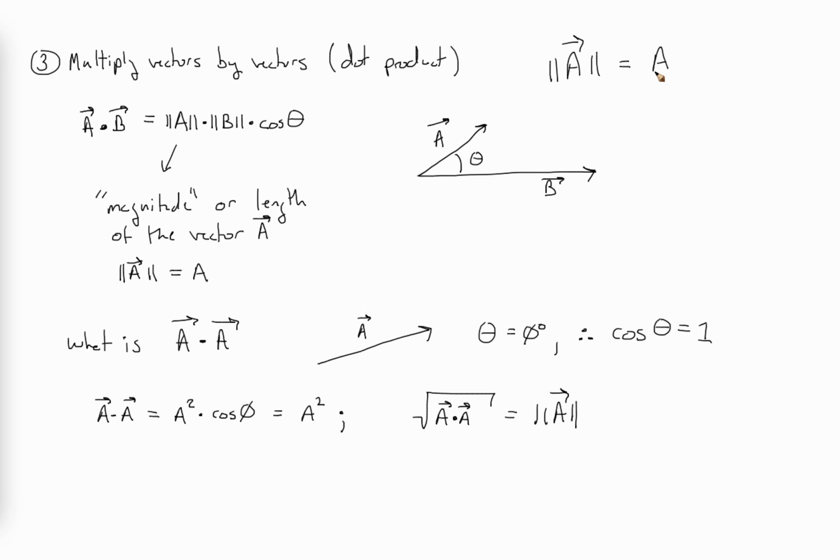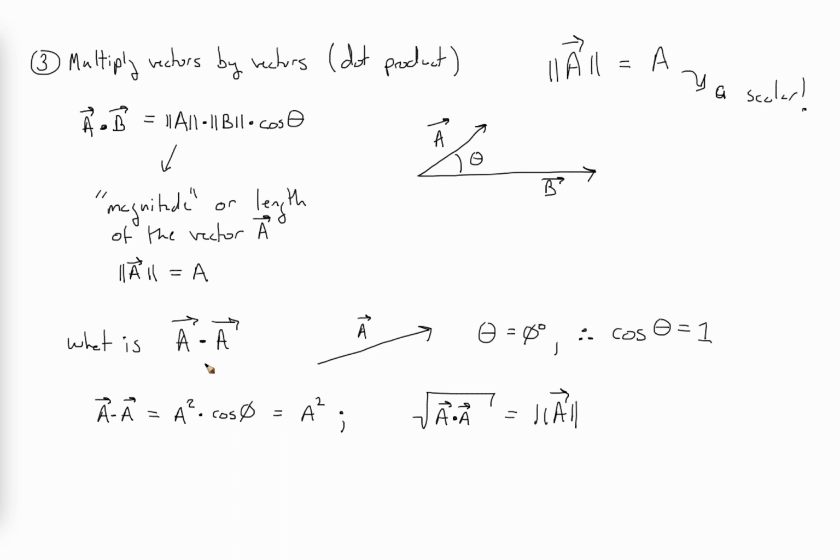When I have no arrow over top of it, I'm talking about the length of the arrow. And this length is a scalar. You could imagine that we could start with some smaller vector and multiply it by a, and if you do that, you get this vector that's this long. So this length is in fact a scalar, and again, it's just a number.